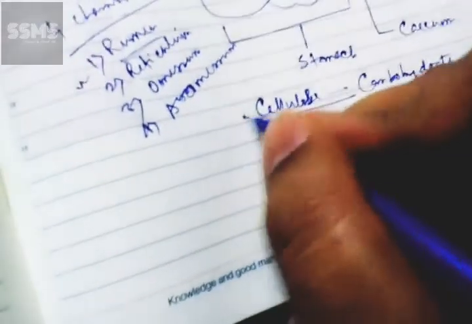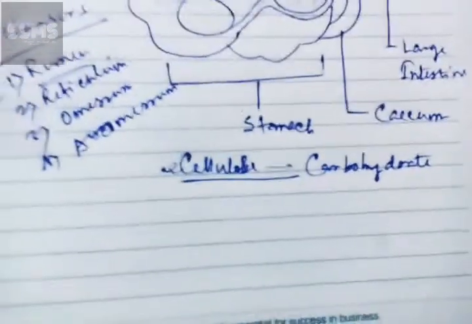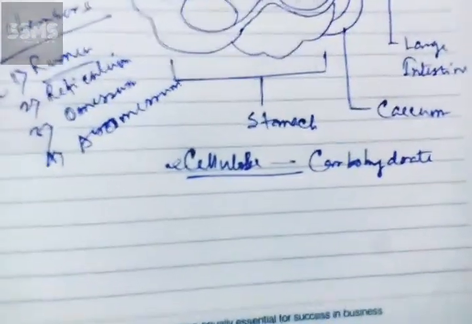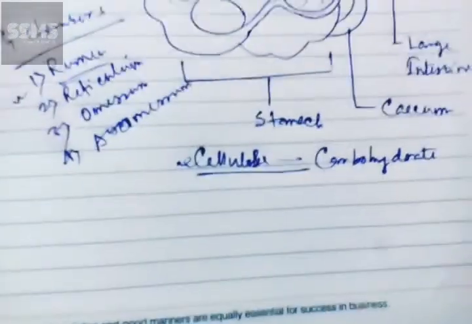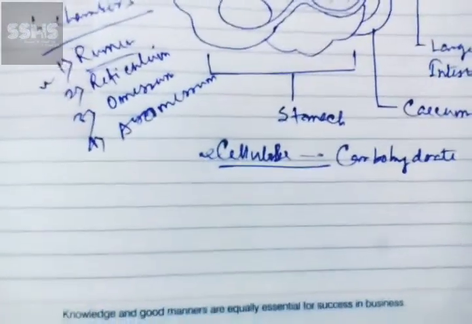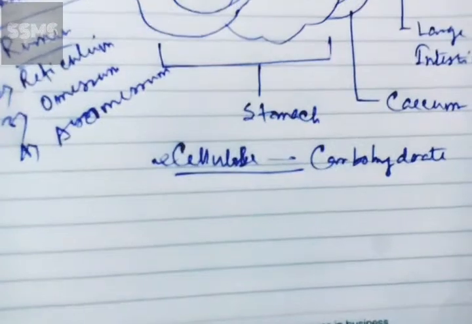Okay, and such a carbohydrate is present in grass or grass-like plants. Got it? Just like hay, paddy, wheat, and maize, such crops as well as grass contain cellulose as carbohydrate, and this cellulose works as roughage in the ruminant's body.